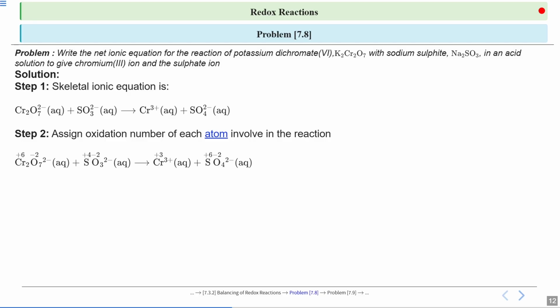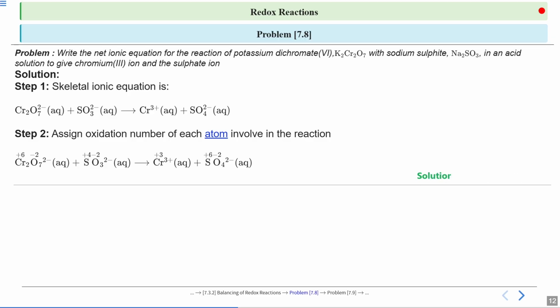Oxygen is -2 in the reactant, and in the product also. And sulfur is +4 in the reactant and +6 in the product. So it is clearly understood from here that the elements possess different oxidation states in the reactant and product. That means their oxidation number has been changed.